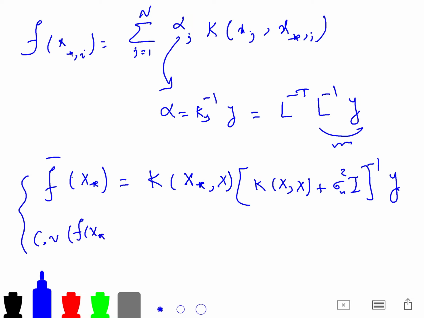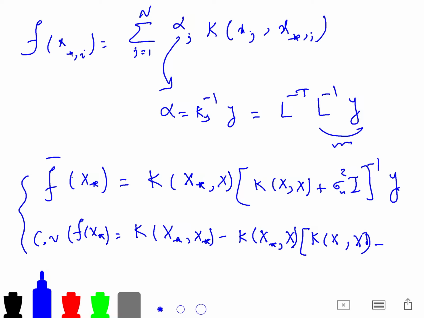Covariance of f of x star is equal to k of x star and x star minus k of x star and x times k of x and x plus sigma squared I inverse times k of x and x star.